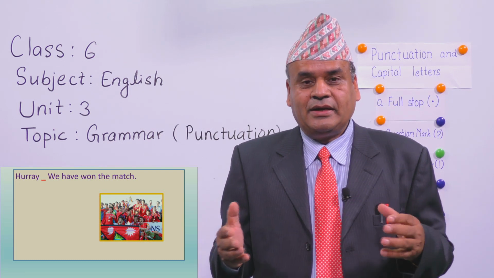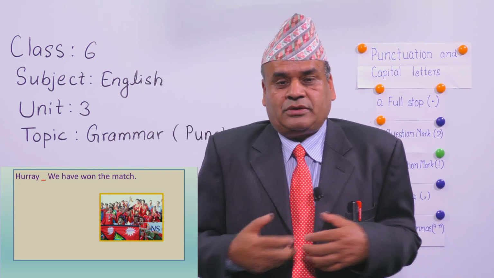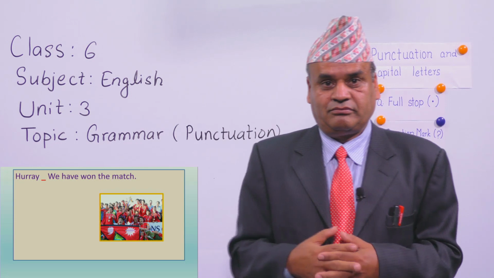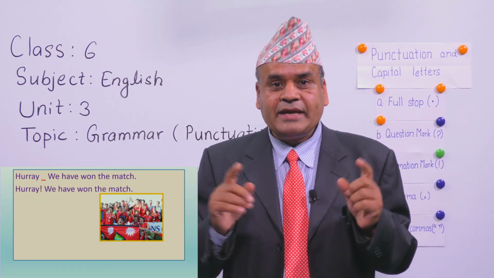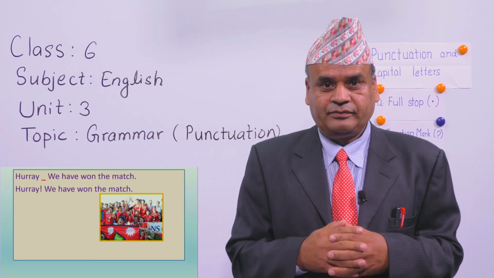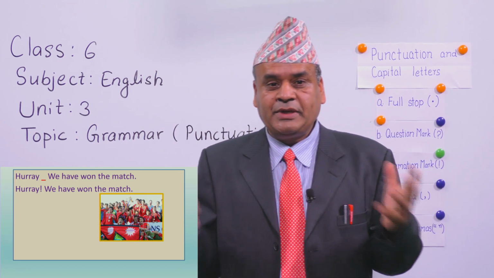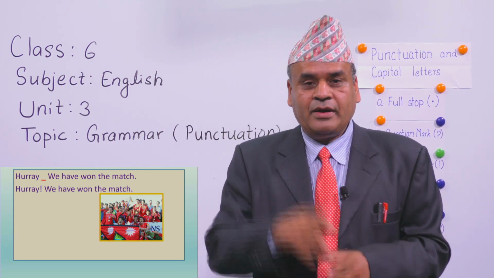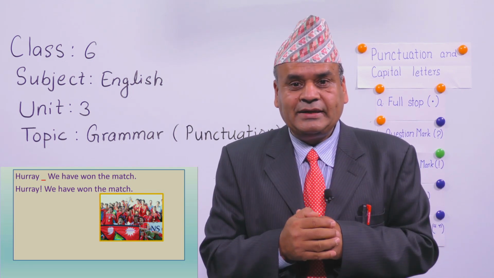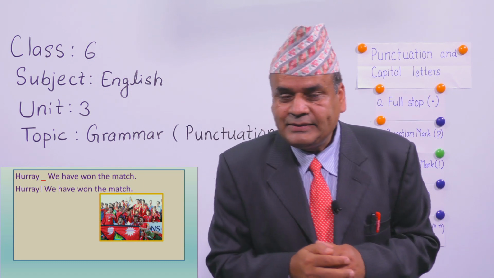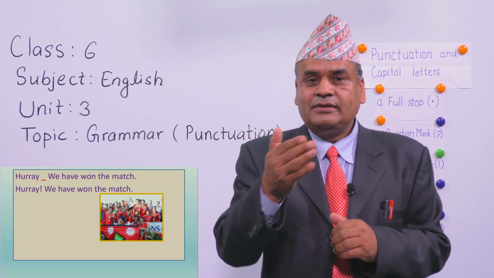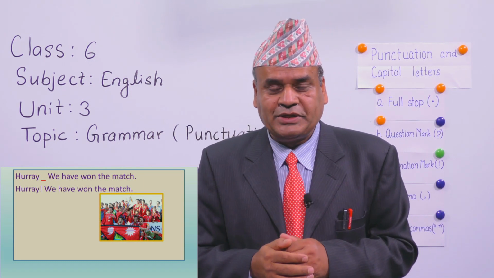Really, some kind of sudden feelings, emotions, right? So, there is a sign of exclamation. That means we use an exclamation mark. Can you compare the two sentences there? Obviously, in the first sentence, what is missing? The exclamation mark is missing.